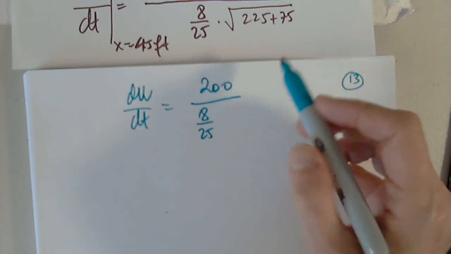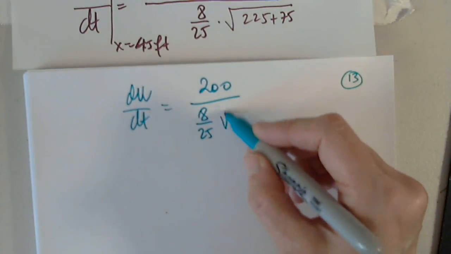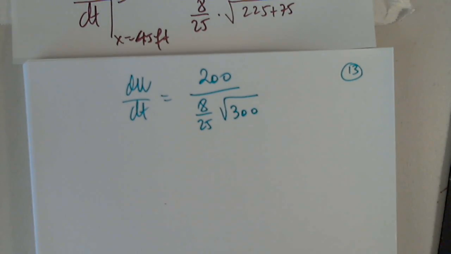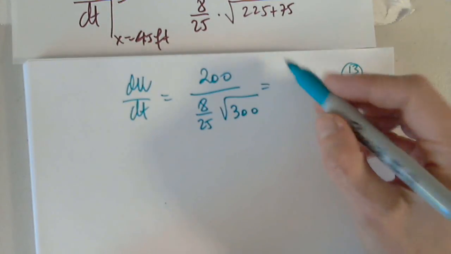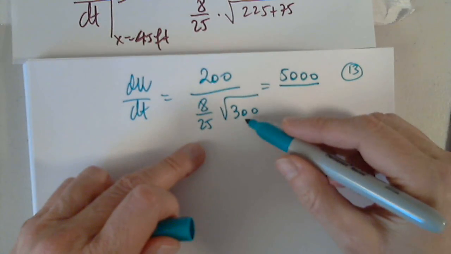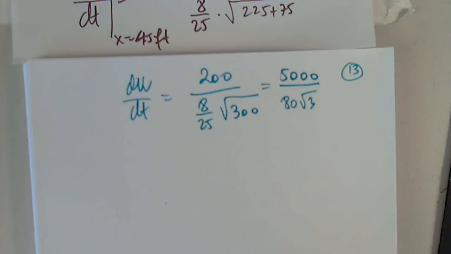Correct me if I'm wrong. And this is the square root of 300, isn't it? So I flip the denominators, so 25 times 2 will be 50. And this is 8 times the square root of 3.